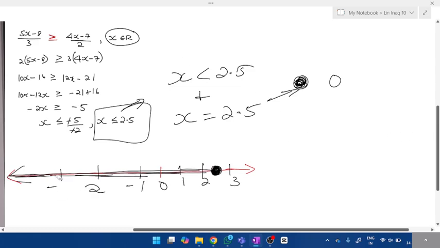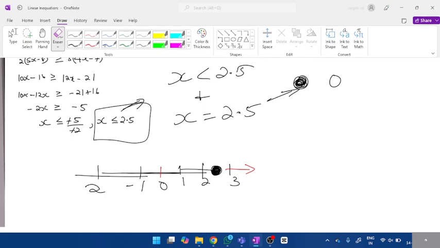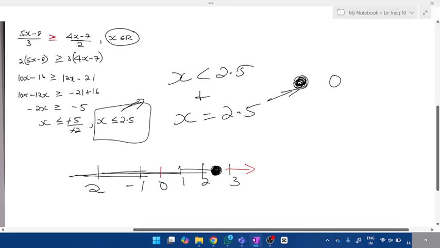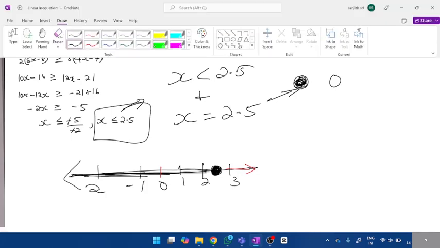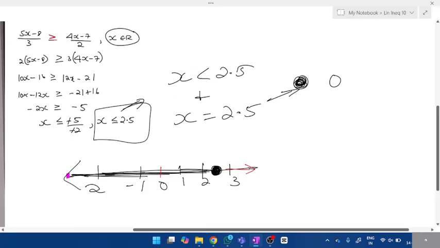You can draw up to 3 or you can just draw up to 2. Even up to minus 2 it's fine. See, the answer is this pink line, and a dot like this.